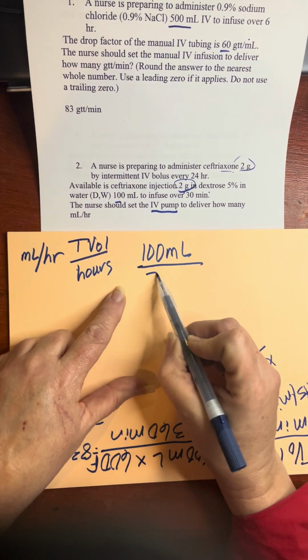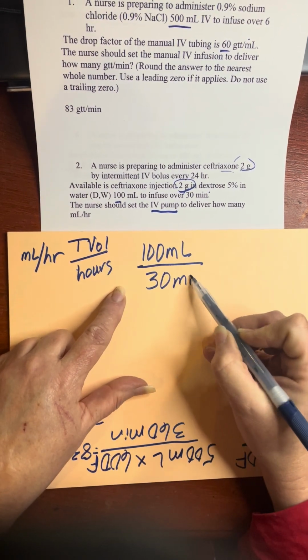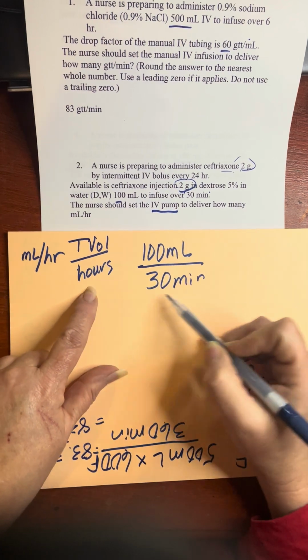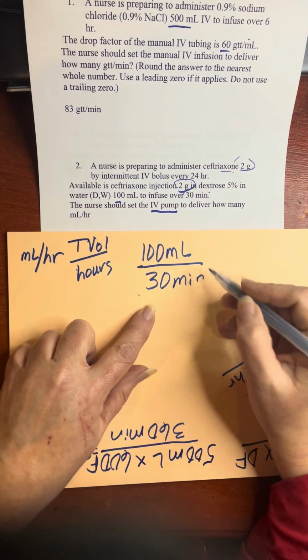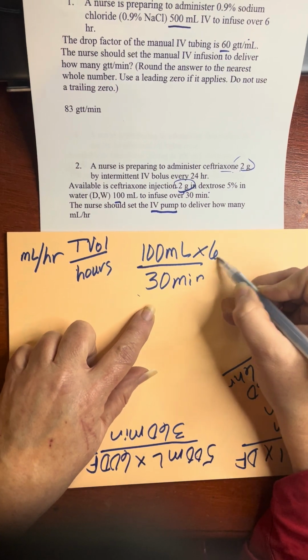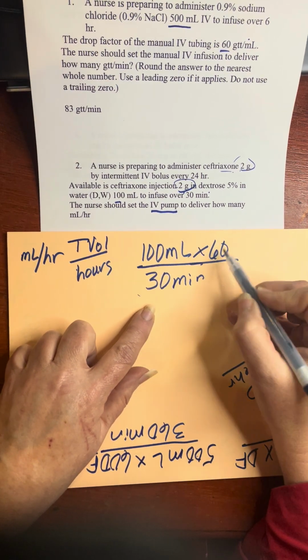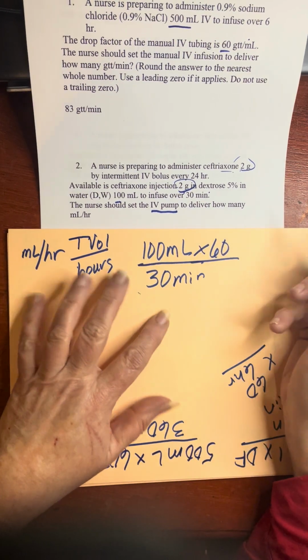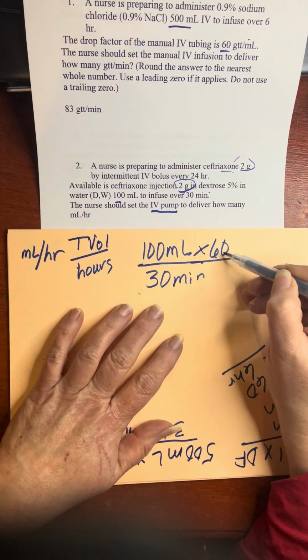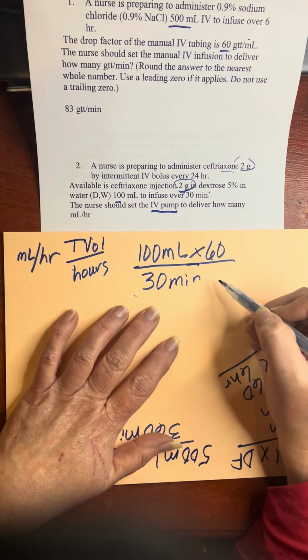So they want it to go in over 30 minutes, but with milliliters per hour, it needs to be in hours. So this is how I fix that. I just go up to the top and multiply it by 60.